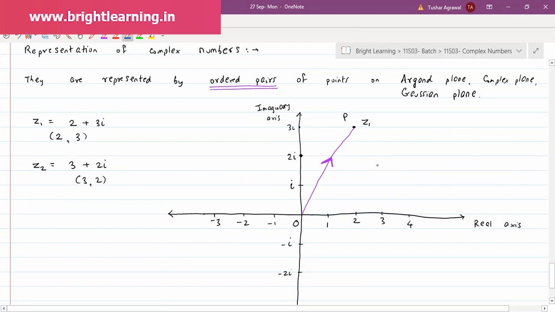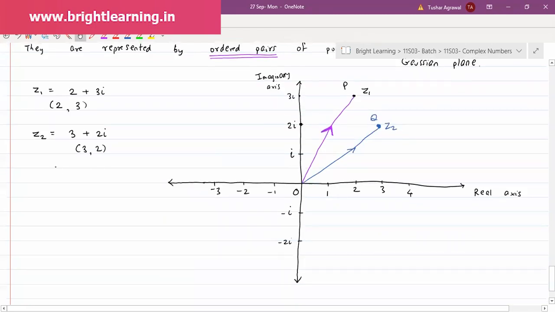So my z2 will be over here. So nothing new in it. This will be my z2. So z1 and z2 are not equal. Therefore, we say that complex numbers are represented by the ordered pairs.